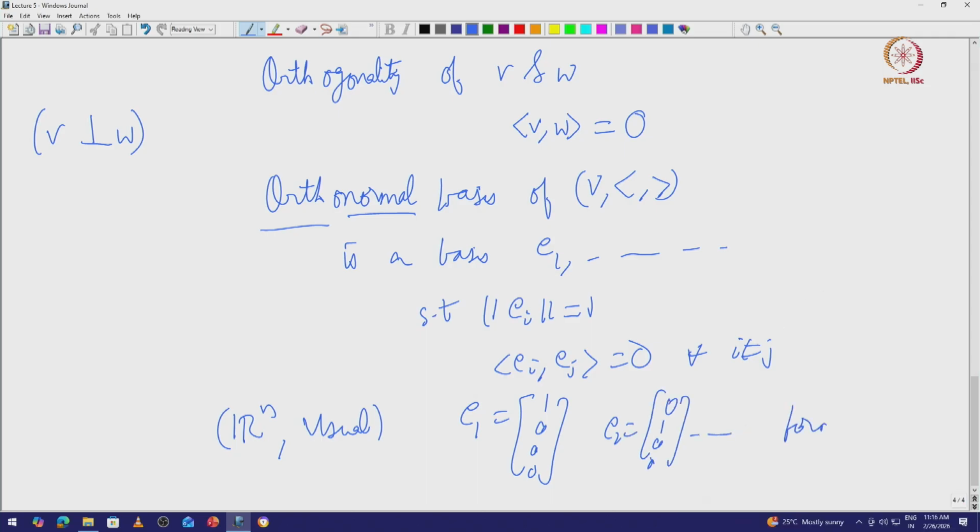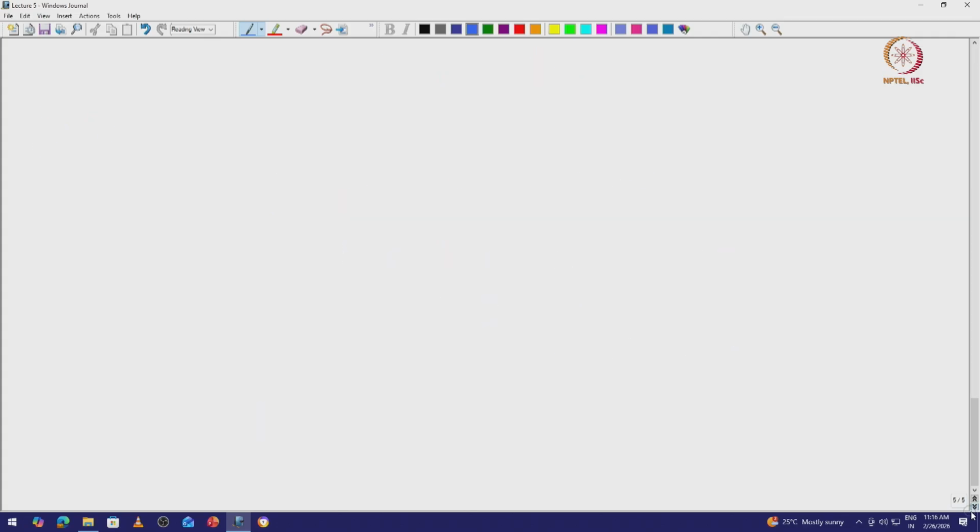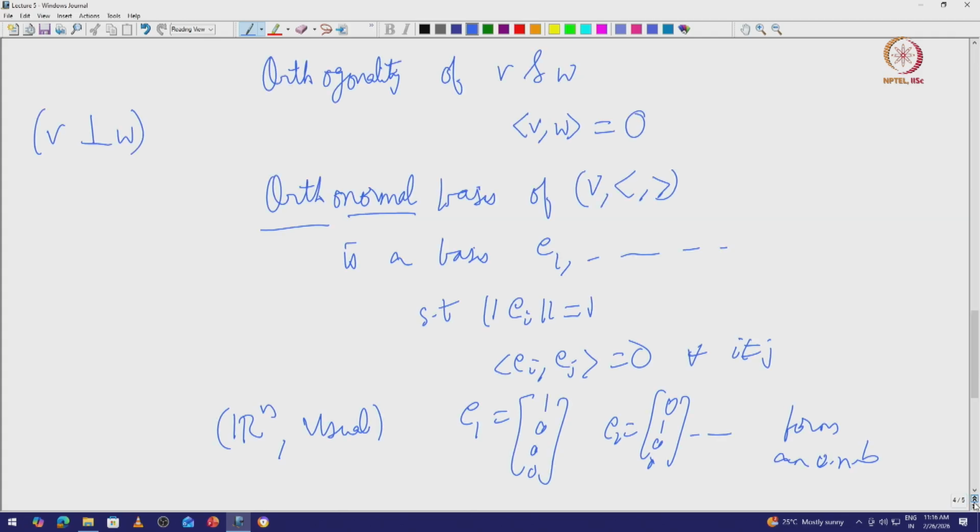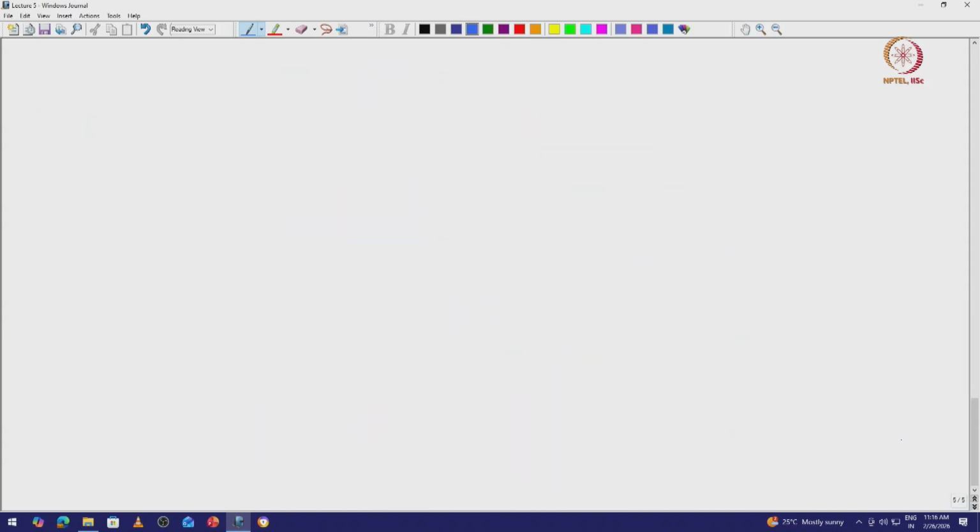Now, the point is, any basis in a finite dimensional vector space can be transformed into an orthonormal basis.